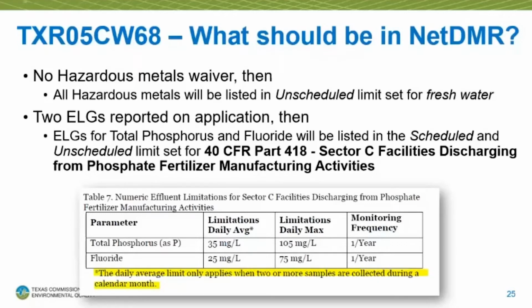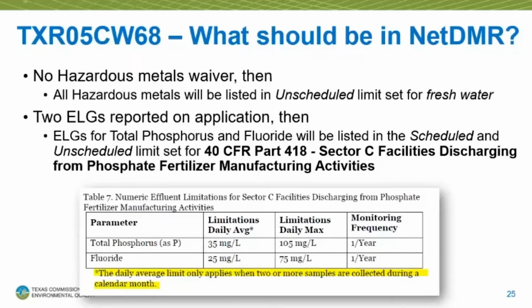Before, I said that these pretty much only show up in scheduled for the ELGs, but in some cases they might be both scheduled and unscheduled. In this example, the daily average monitoring only has to be reported if they're collecting more than 1 sample in a calendar month.